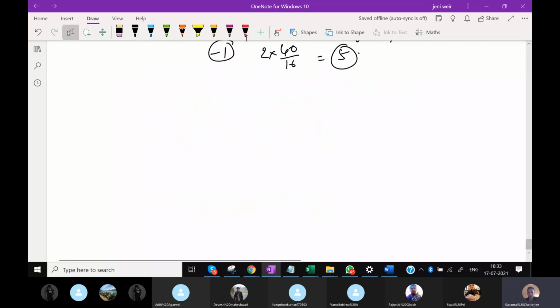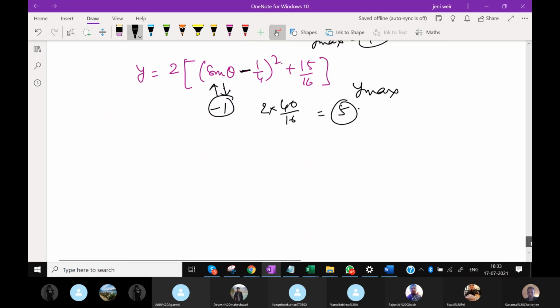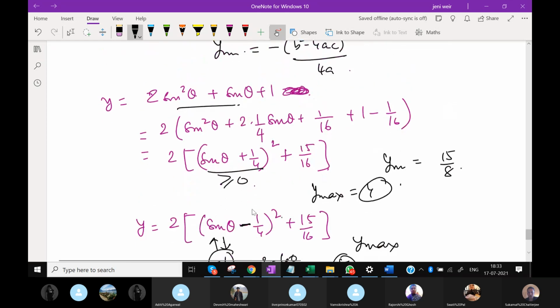The next one is, Sir, how have we calculated the minimum part? The moment you arrange it in the form of sum or difference of two squares, that means the square that you are getting will always be greater than or equal to 0. So the minimum value of that square will be 0. That is always. Okay.